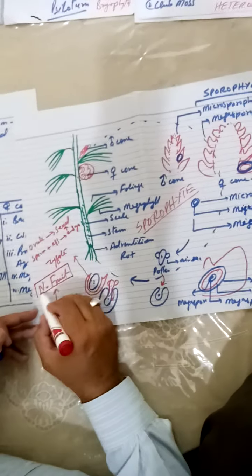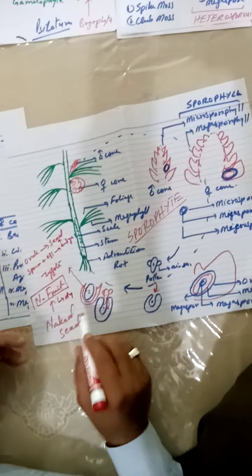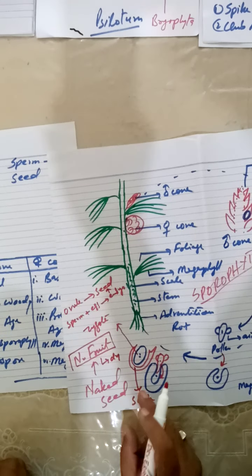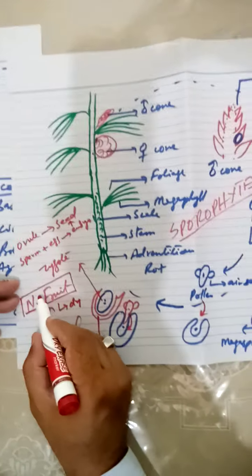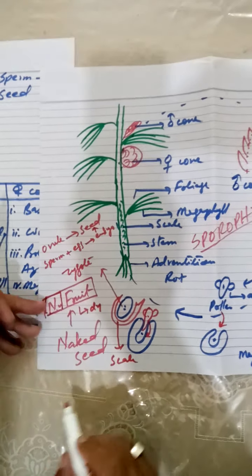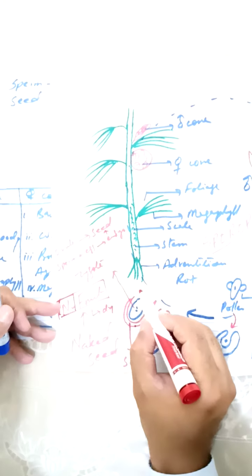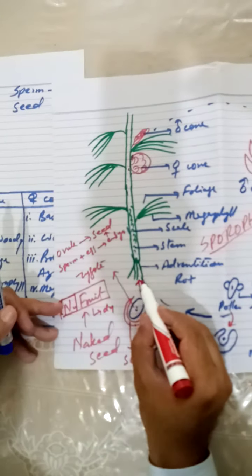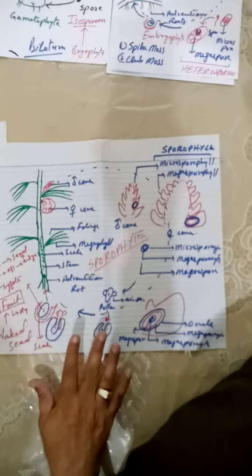The fruit is like a dry, scaly fruit, a scale-like structure, not pericarp. It is a naked seeded plant. There is no fruit like angiosperm, but that fruit is scale-like, in which the seed once again changes into the sporophyte. That is the gymnosperm.